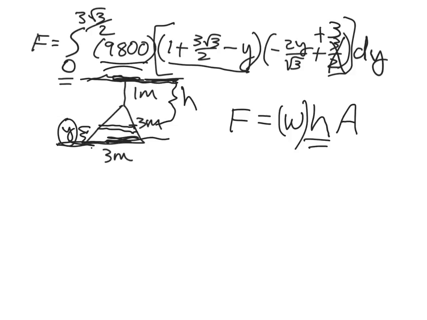And then the area. Our slice is going to be a rectangle, so length times width, and of course the width will be our delta y. The tricky part will be the length. And the length, in this case, is determined by two lines. We have to find the equation of the lines.